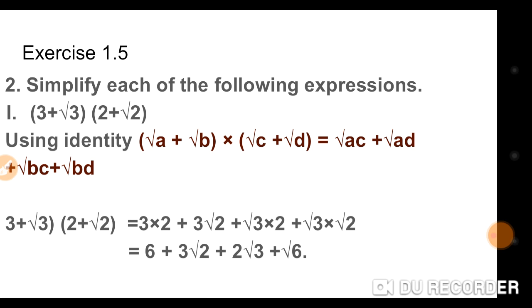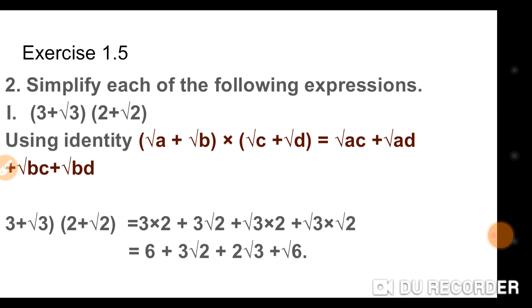Now students, I just told you about some identities. So using these identities, we have to solve question number 2. The first part of question number 2 I am doing. The rest of the parts you have to do in homework. So first part, you can see, simplify each of the following expressions: 3 plus root 3 multiplied by 2 plus root 2. So we can see which identity we can use here. We can use this identity, root a plus root b multiplied by root c plus root d, as all the real numbers are different over here.